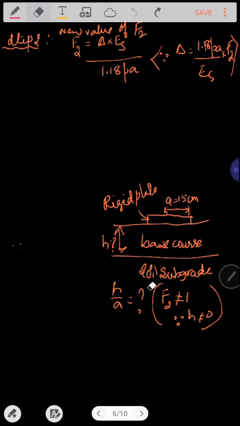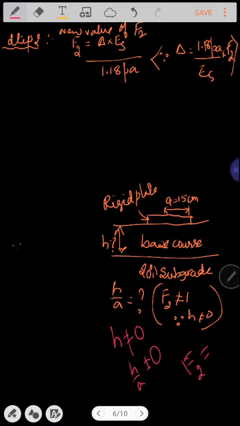So previously, in step number 1, what was the value of h? The h value was equal to 0. Presently there exists a certain finite thickness of base course, due to which the value of h is not equal to 0, therefore h upon a is not equal to 0, hence f2 is also not equal to 1.